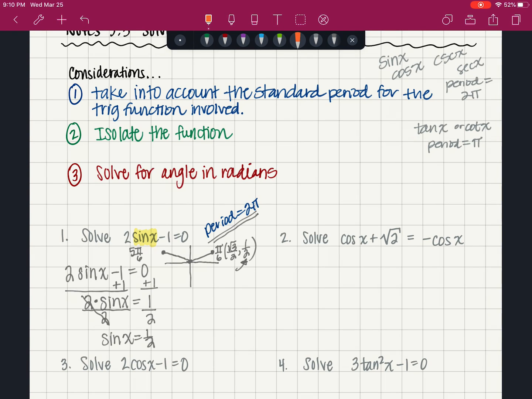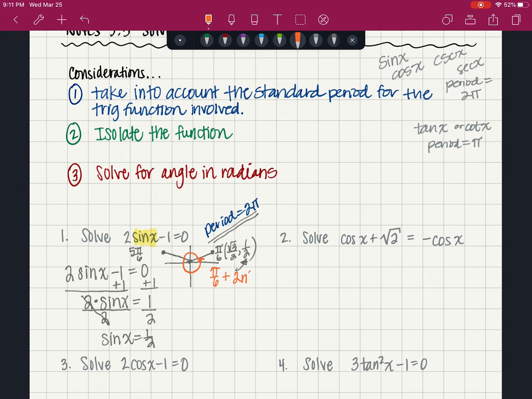Now we know that not only pi over 6 is going to be a solution, but every coterminal angle thereafter. So pi over 6 plus every coterminal angle. Well, every coterminal angle is adding a 2 pi.